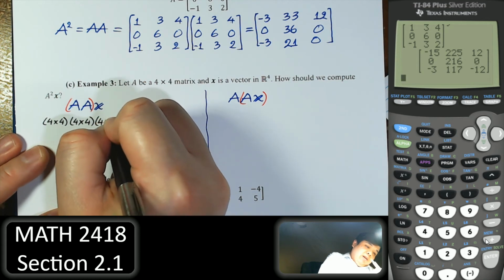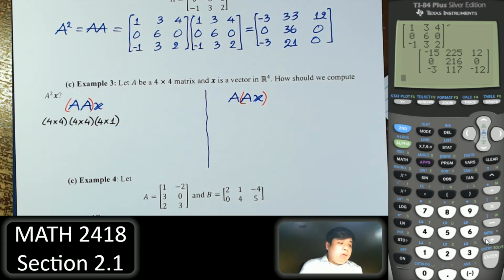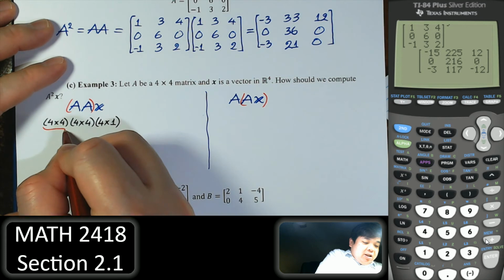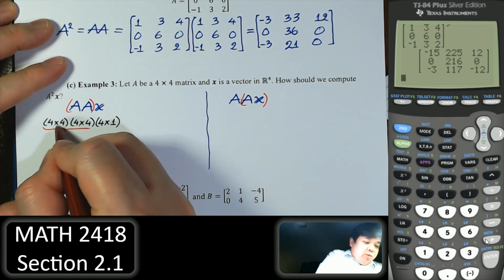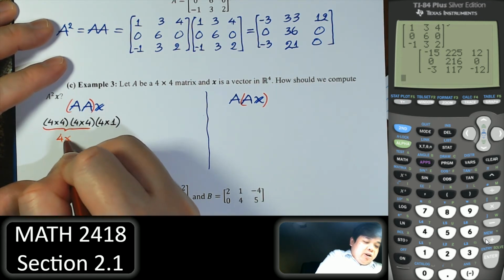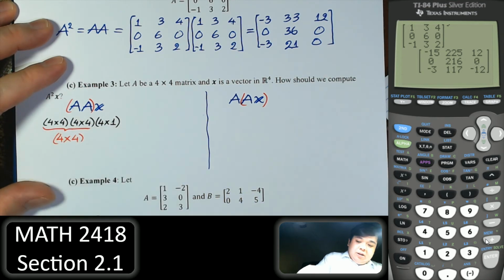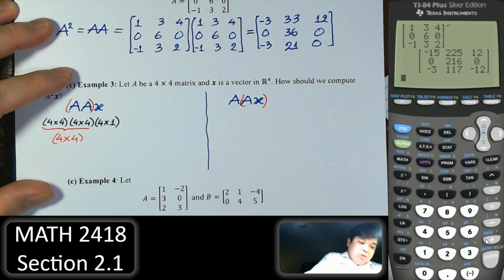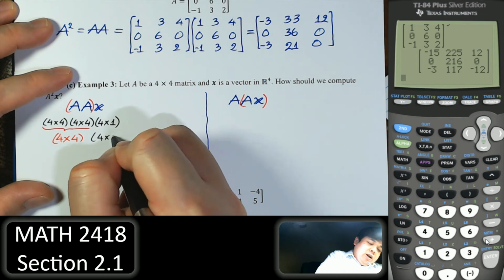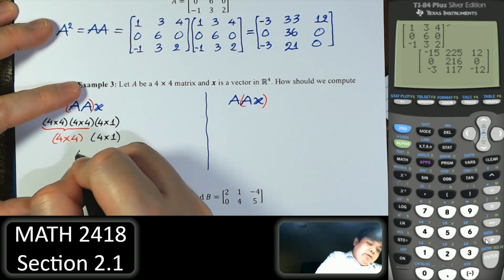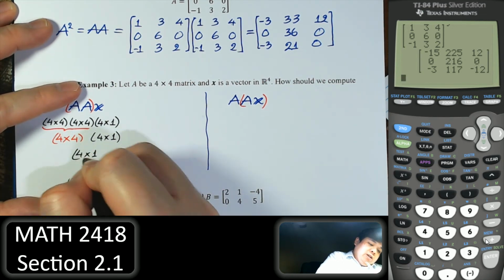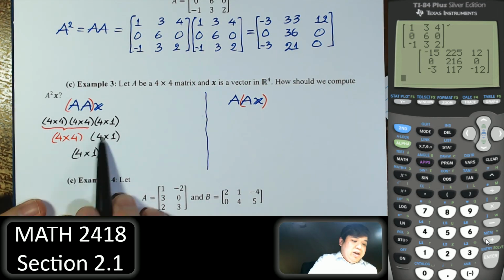It is a column vector. Now, if we multiply this first, 4 by 4 times 4 by 4, the middle numbers match, and we have 4 by 4. And then we multiply by 4 by 1, because we end up with 4 by 1, because the middle numbers match.